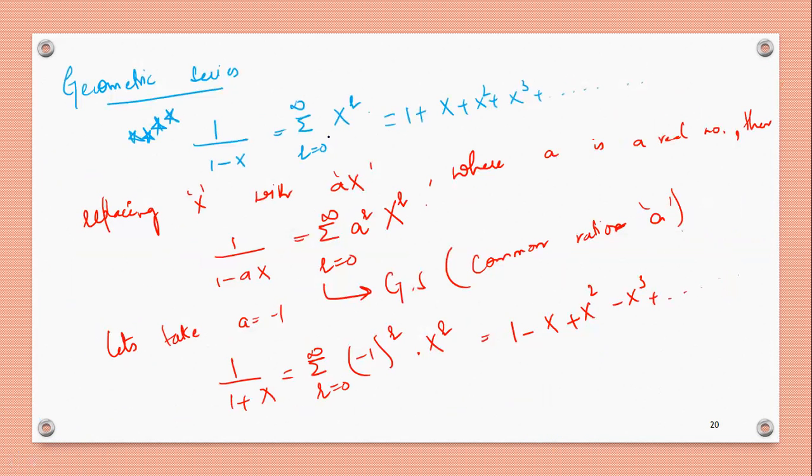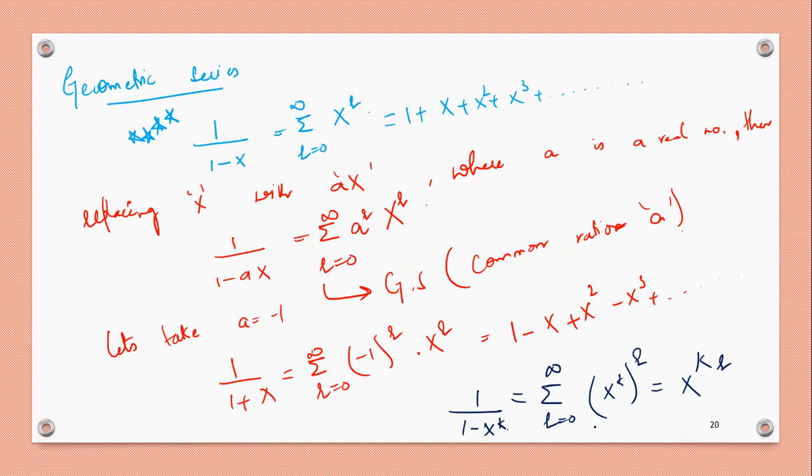Now, in our first formula, that is geometric series formula, instead of x, suppose I am substituting x power k. So instead of this x, I have x power k. What will be my formula? R is equal to 0 to infinity x power k whole power r, or you can write it as x power kr.